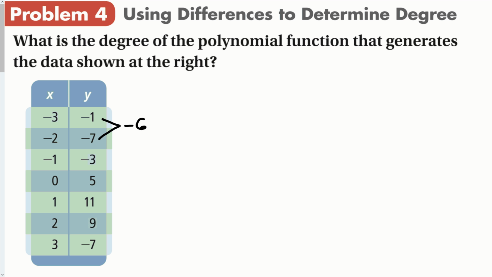Remember, we're subtracting y2 minus y1. So -3 minus -7 is 4. 5 minus a -3 is 8. 11 minus 5 is 6. 9 minus 11 is -2. And -7 minus 9 is a -16.